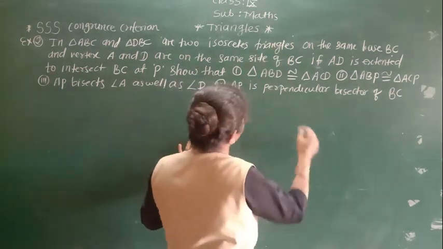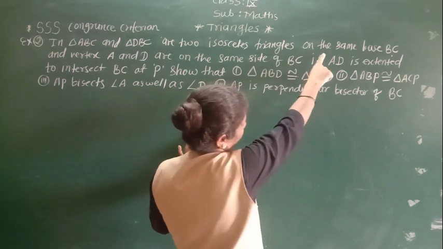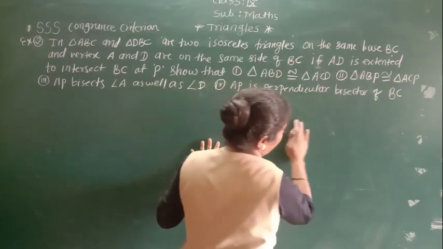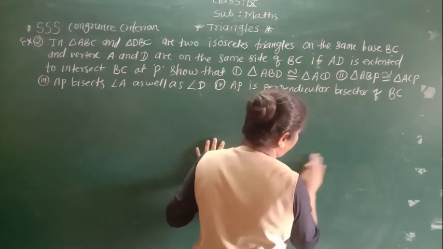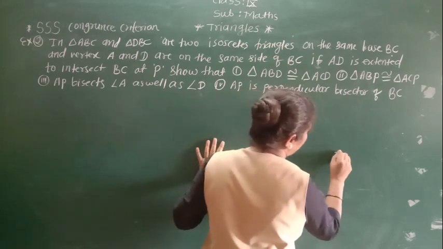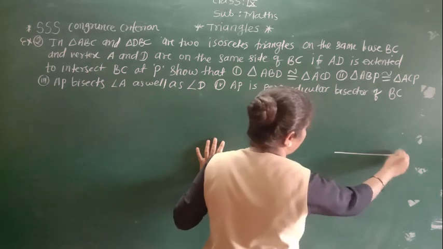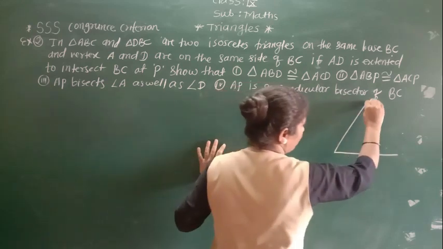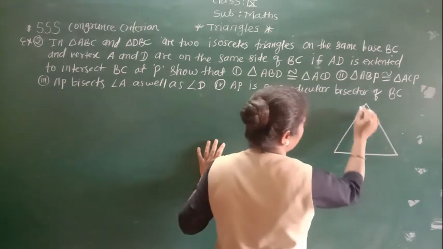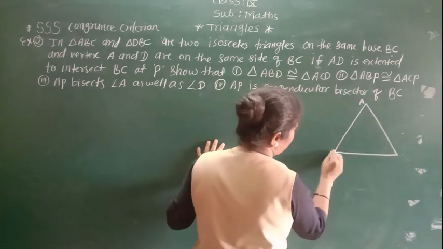So triangle ABC and triangle DBC are isosceles triangles on the same base BC. Now I will draw the figure according to the example. So this is the triangle ABC which stands on the base BC.